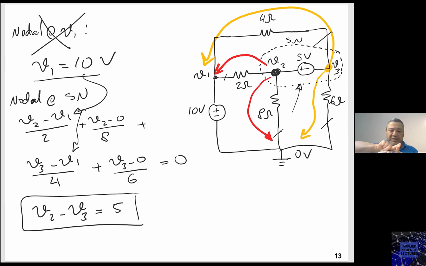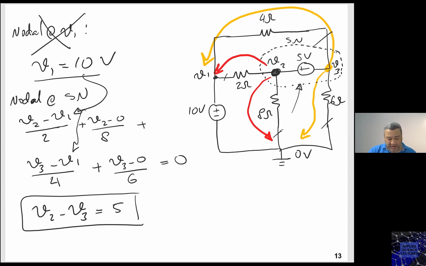You finish the first variable, and after you're done with it, you jump to the second variable within the supernode, and you continue writing the expressions in the same equation. And then the second equation would be the supporting equation, which is V2 minus V3.